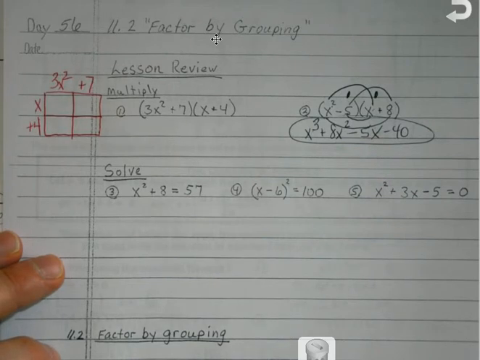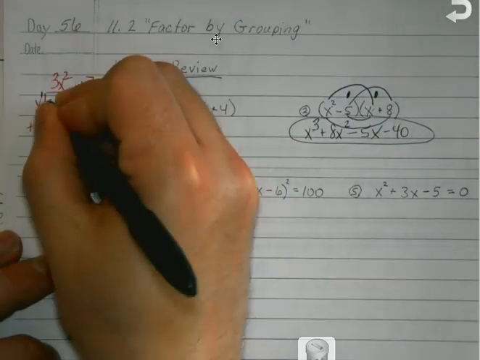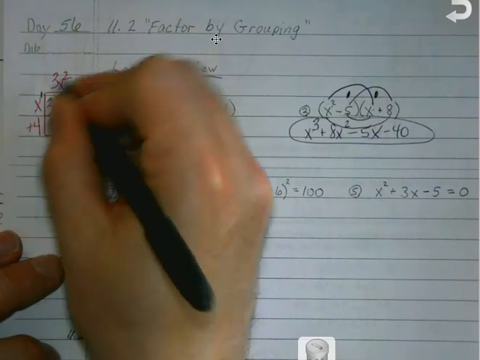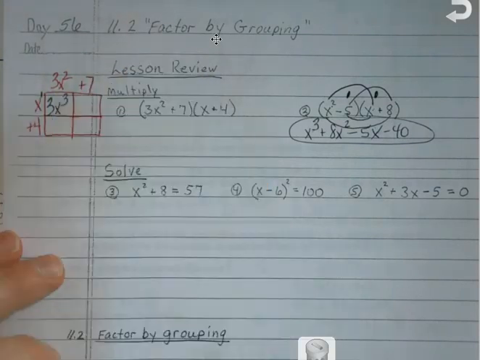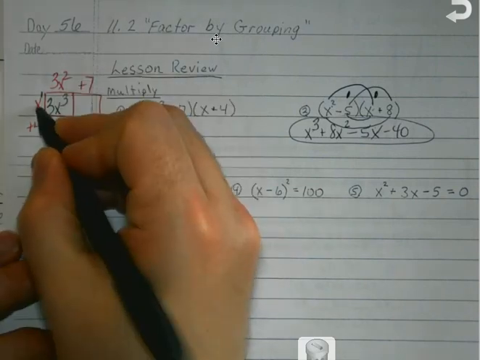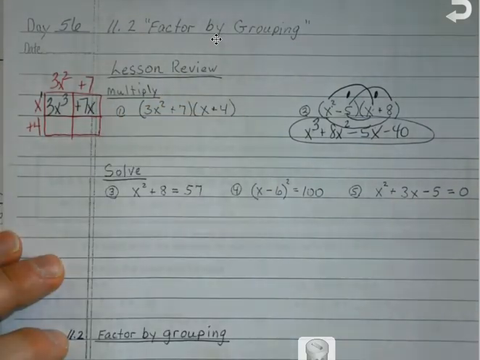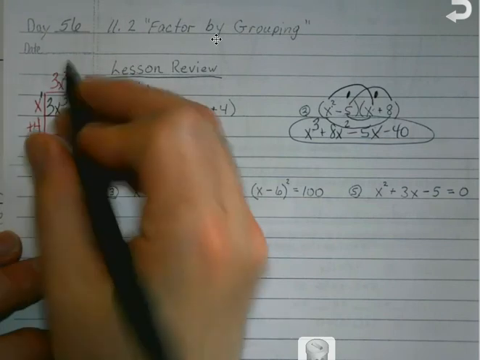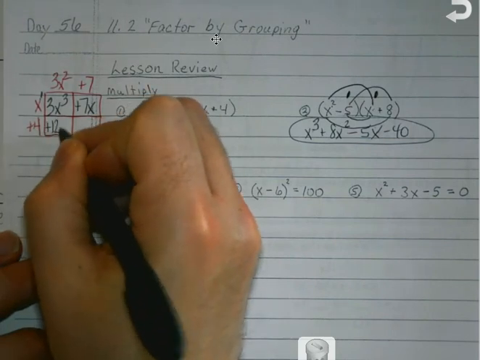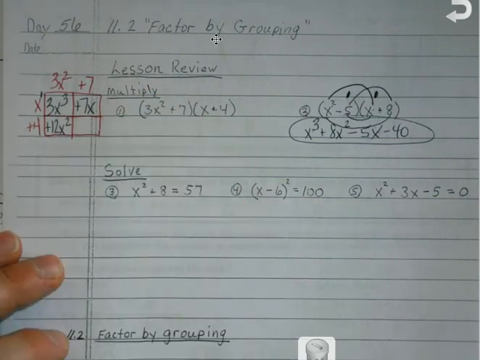So I go through here, I go, okay. I got 3, 1 plus 2 gives me x to the third, because I'm multiplying to fill the box up. X times 7 is 7x. 4 times 3 is 12x squared, because I still have to pay attention to my exponents.